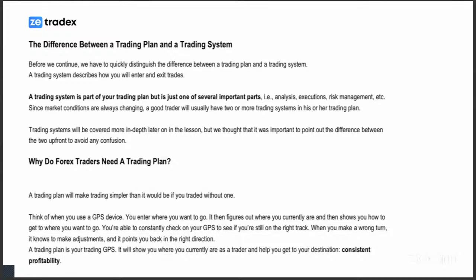You are able to constantly check on your GPS to see if you're still on the right track. When you make a wrong turn, it knows how to make the adjustments and it points you back in the right direction. Now, a trading plan is your trading GPS. It will show you where you currently are as a trader and will help you get to your destination, consistent profitability. Okay, to the next page, please.